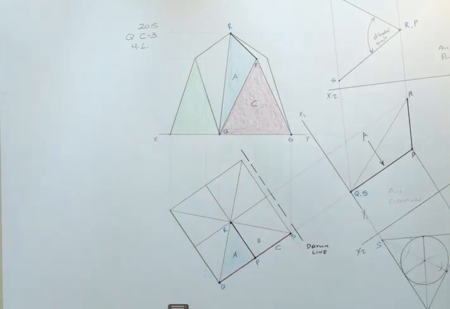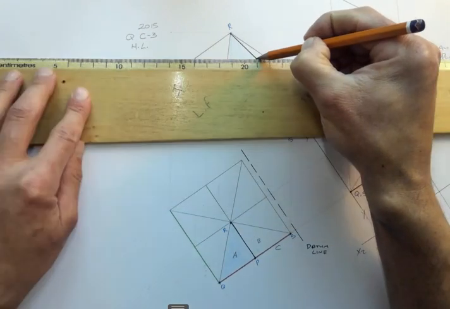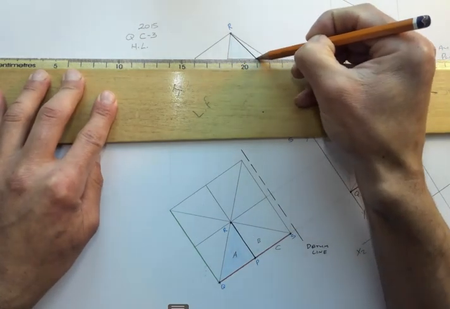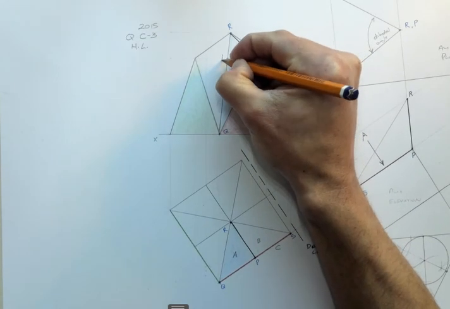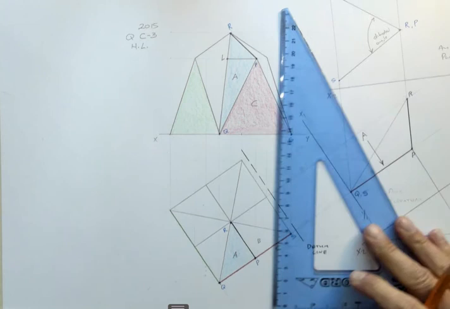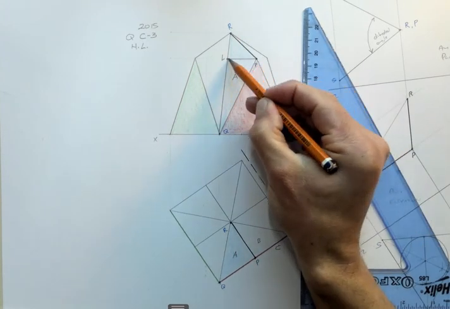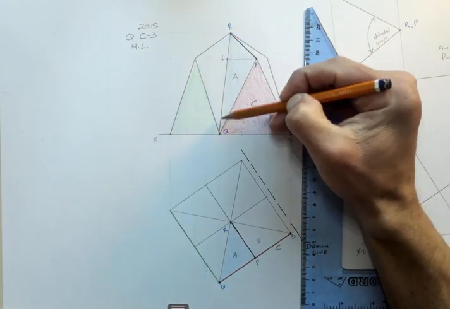To do that, we take a horizontal line, any horizontal line, but a handy one is one from P, because I've already got point P. I call that point L, just for any kind of label. Find that line in plan. I have P already, take down point L. L is on line RQ.